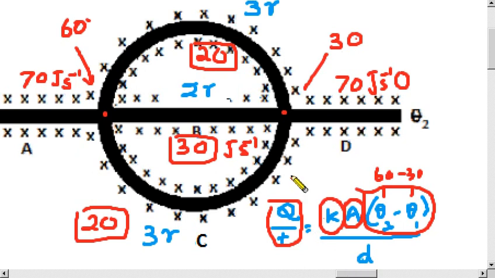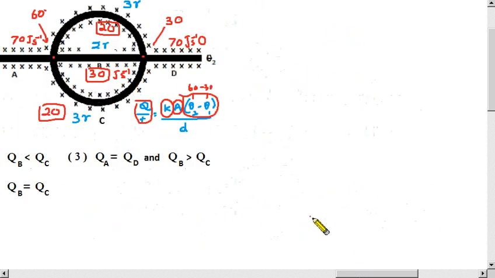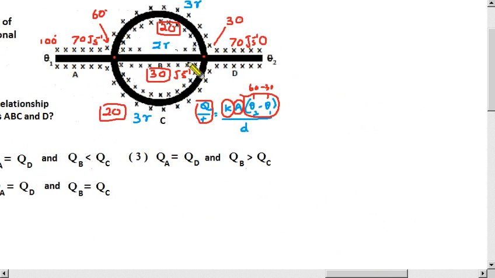So now we have solved this question. It is obvious that these two rods have the same Q value. That means QA must be equal to QD.